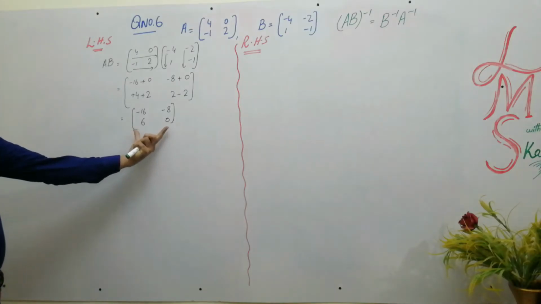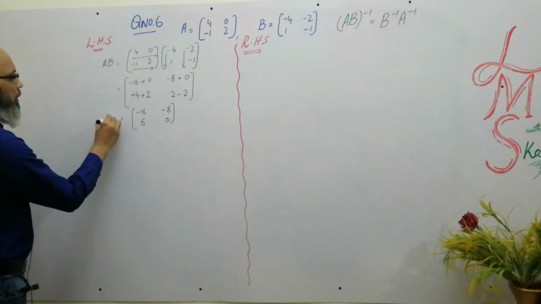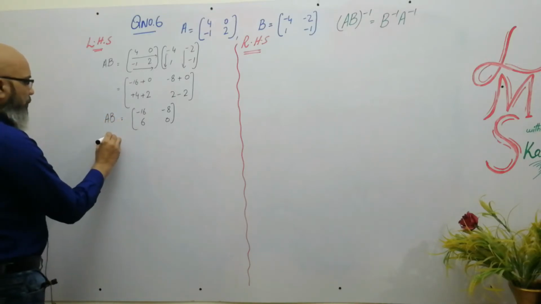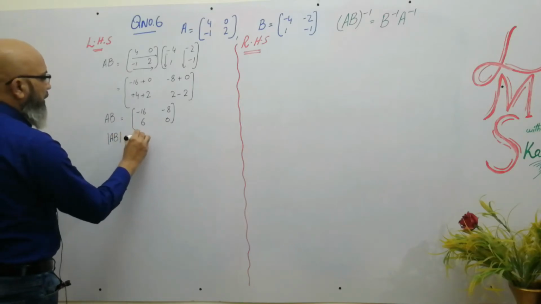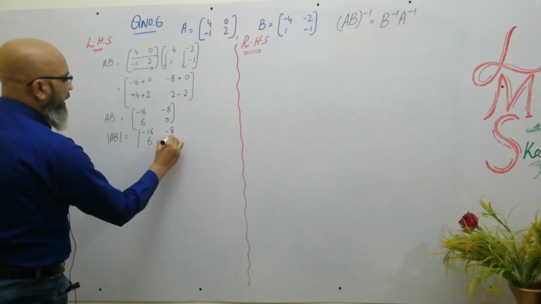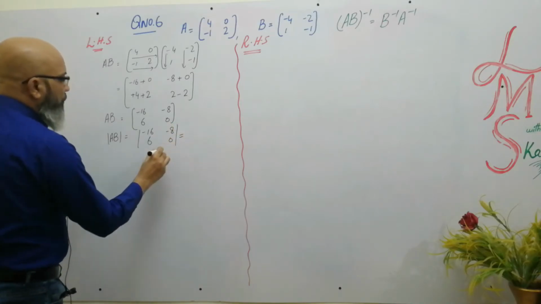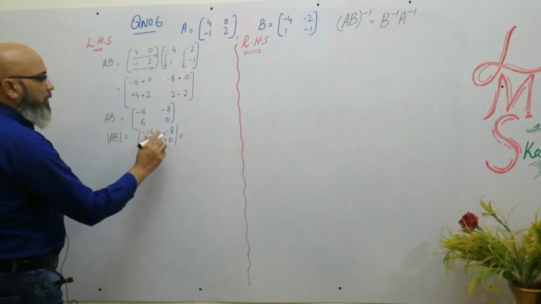Now we have to find the multiplicative inverse of AB. So as you know, what we have to find first? We have to first find AB determinant. That is minus 16, 6, minus 8 and 0. And how do you find it? Multiply in this way and then this way.